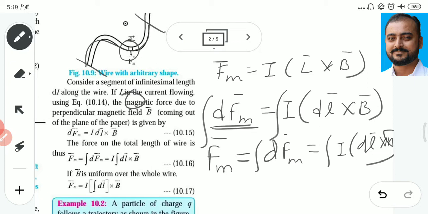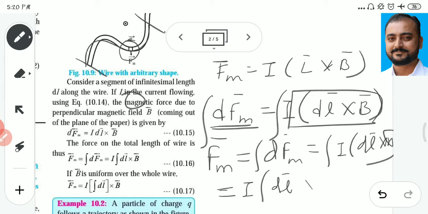As B is the uniform magnetic field acting on the wire, we will write the relation with I remaining constant outside the integration, of dl bar cross B bar, because the values of B and I both remain the same, they are not changing.